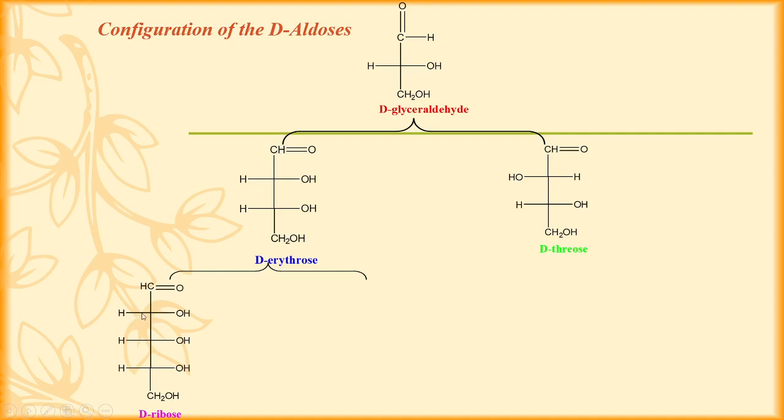So you can write here this added carbon atom, this chiral carbon. And again this structure is the left hand side, therefore we write the hydrogen on the left hand side. So this sugar is called D-ribose.